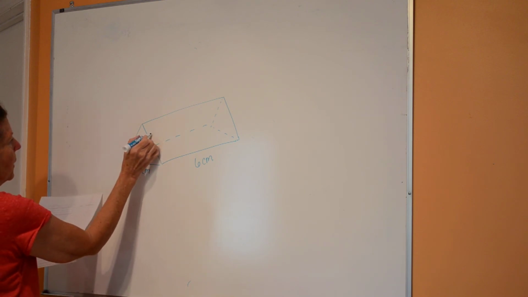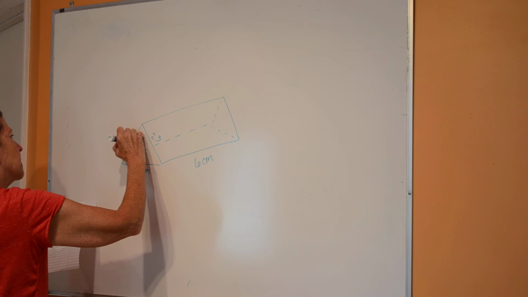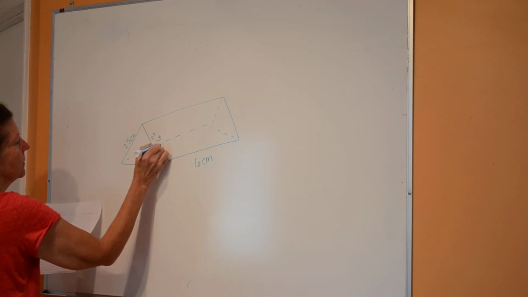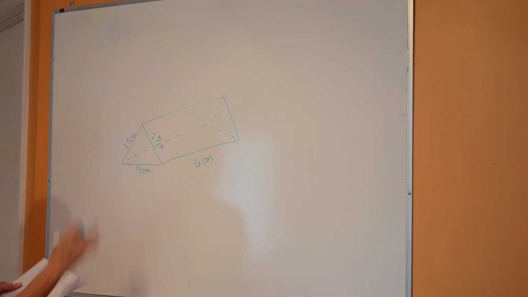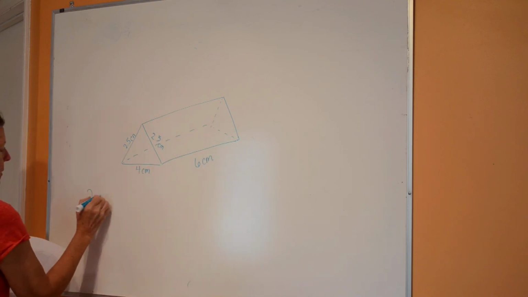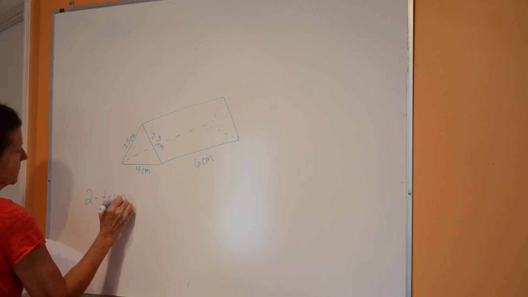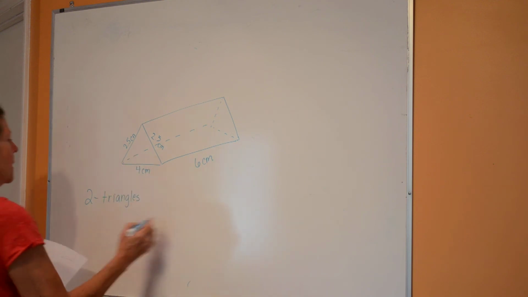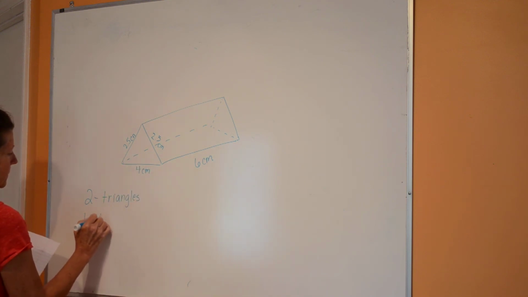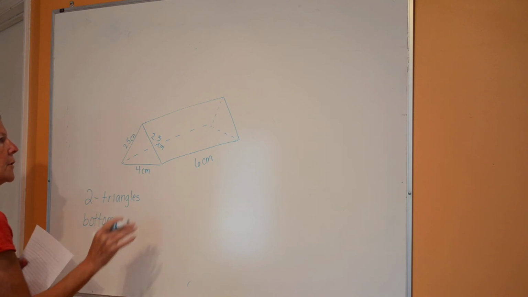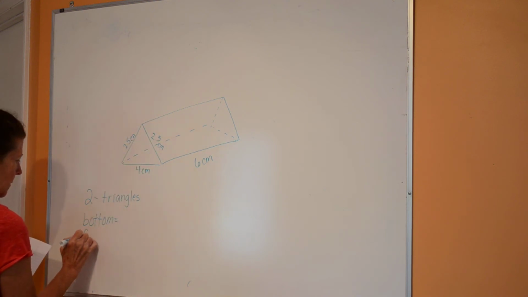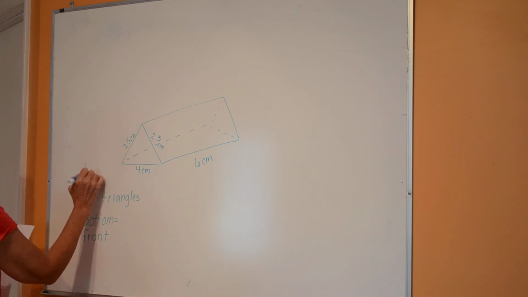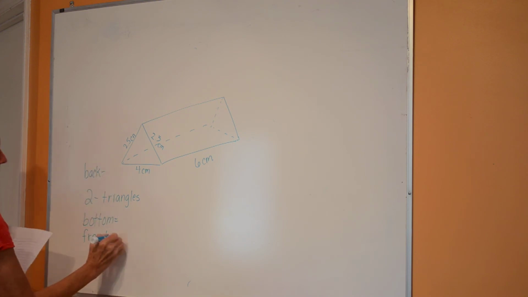And this is 2.5 centimeters and 2.5 centimeters. Okay, so you have 2 triangles, the front and the back. And then you're going to have the bottom. And you're going to have the front. And I'll actually put the back up here so I don't run where you can't see it on the video.